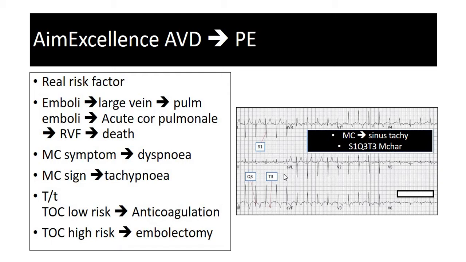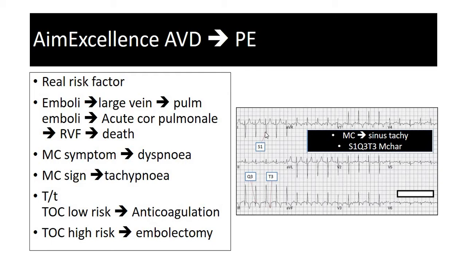This is the characteristic ECG finding in cases of pulmonary embolism: S1Q3T3. In lead 1 there will be increased depth of the S wave, and in lead 3 there will be inversion of the T wave and also an increased depth of the Q wave.